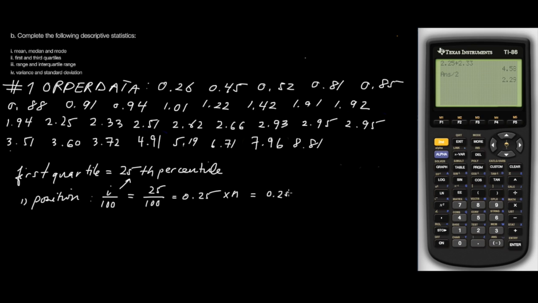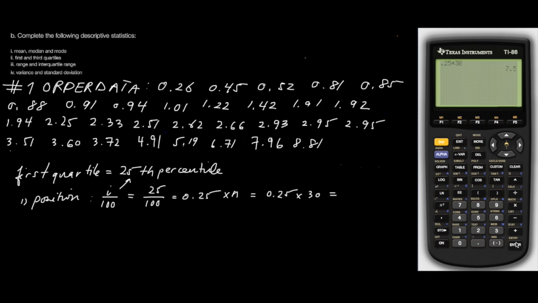So that's 0.25 times 30, which is equal to the... So let's switch over to our calculator real quick. Okay, so 0.25 multiplied by our sample size.